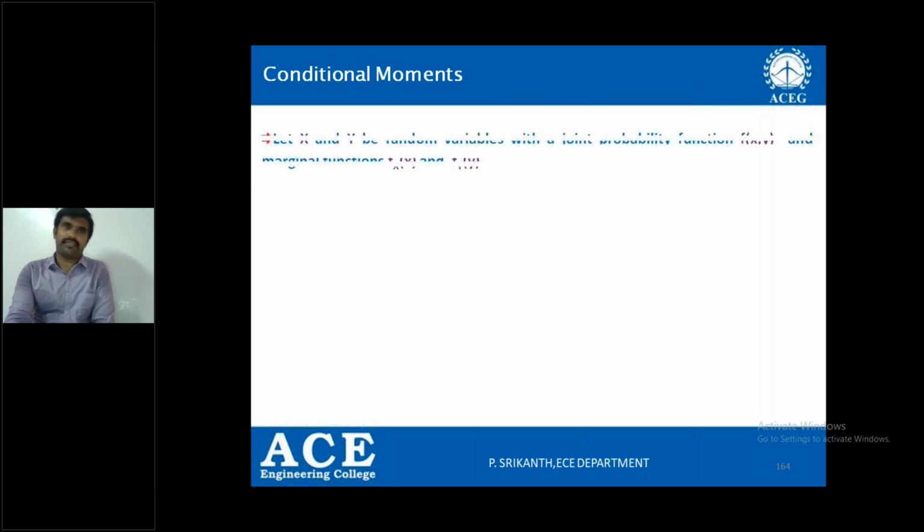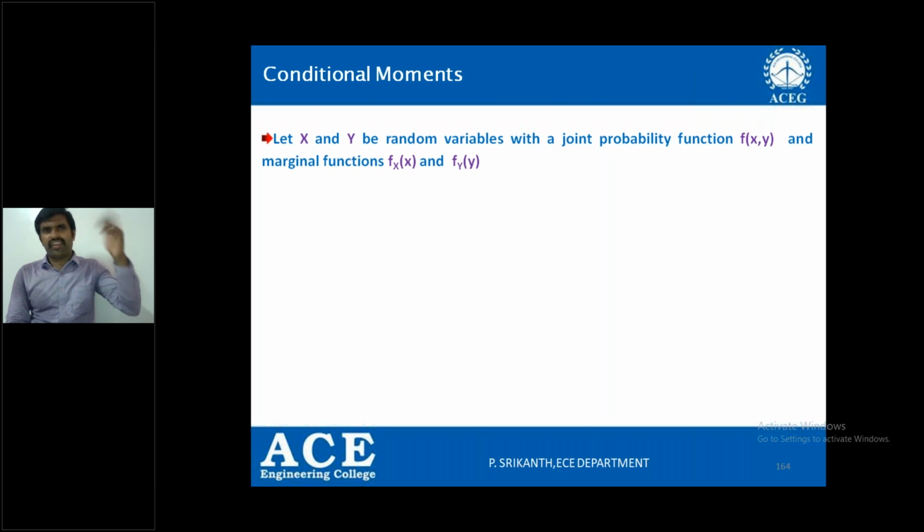Now the next topic is conditional moments. So how to write the conditional moments? If x and y are any two random variables with the joint probability function, we have defined a conditional probability, we have defined conditional density. Now we are moving to conditional moments.